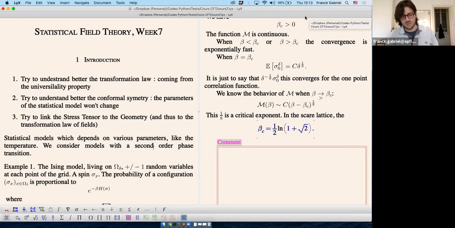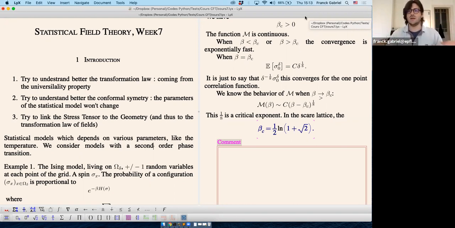For example, in Ising they are called alpha, beta, gamma, delta, mu, and eta. I'm not inside this domain, so for me the most important are the 2 last. Eta tells you how the correlation function of sigma decays when I'm at the critical beta.